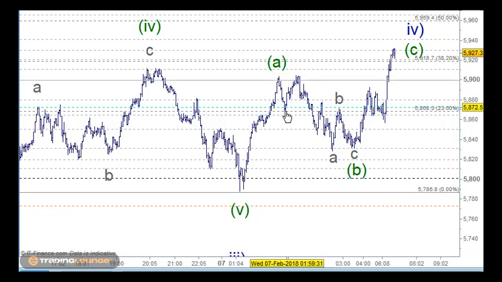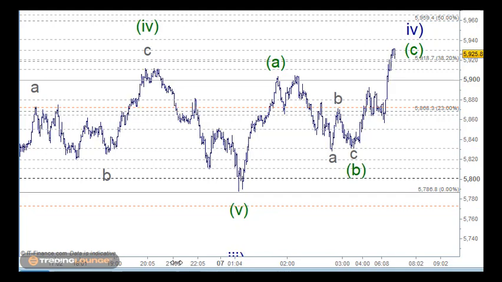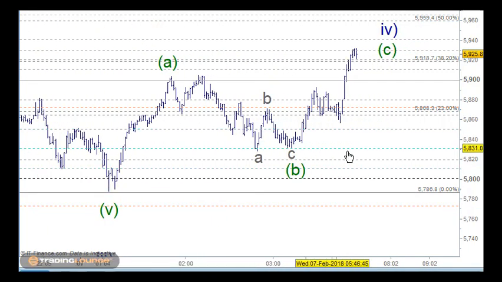That's up in 3 waves here, so we need to look at that as an A and a B, and 1, 2, 3, 4 and 5 here. But there's just 3 waves in here that bothers me a little bit.